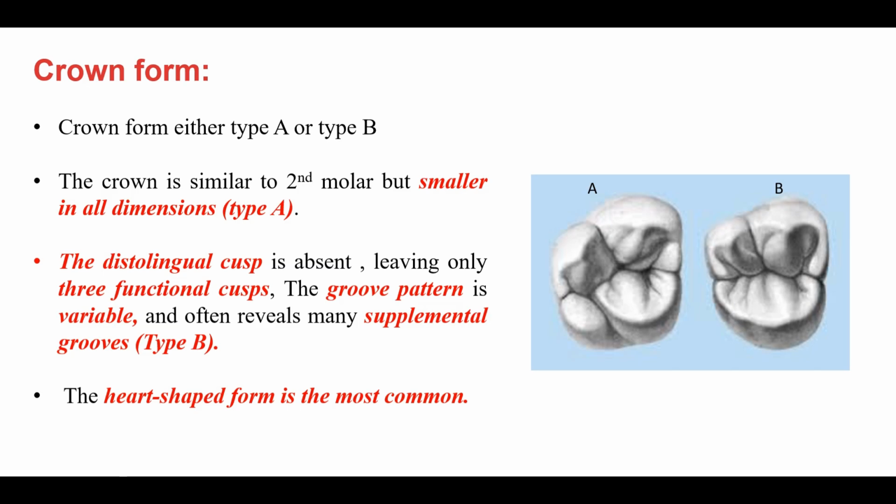There is just one lingual cusp present, and the groove pattern is variable, so there are more supplemental grooves seen in this type B, and it is called heart shaped, similar to what we called in the second molar as well. So the patterns are very similar to the second molar, except that they are smaller in dimension.